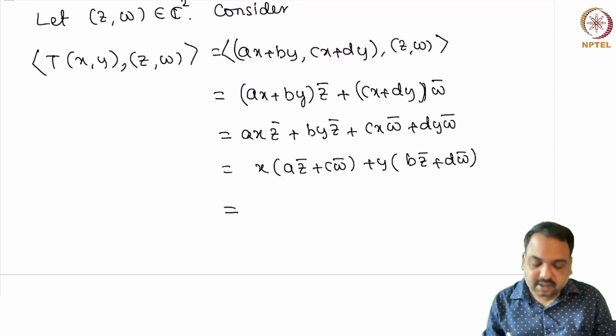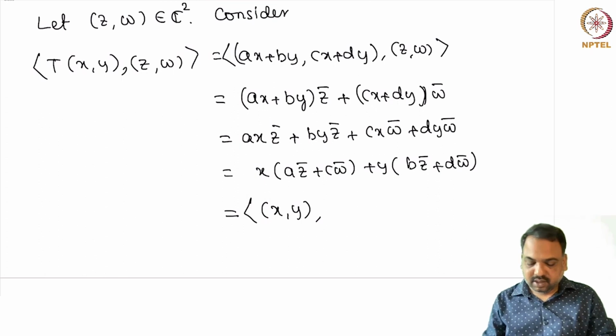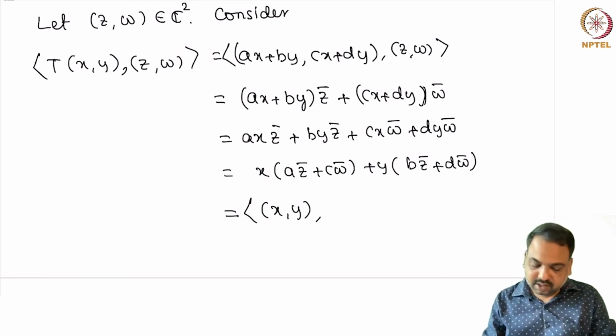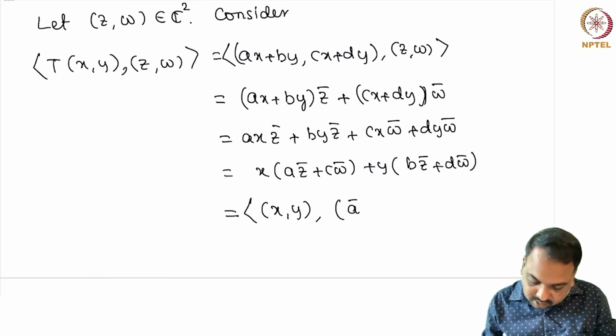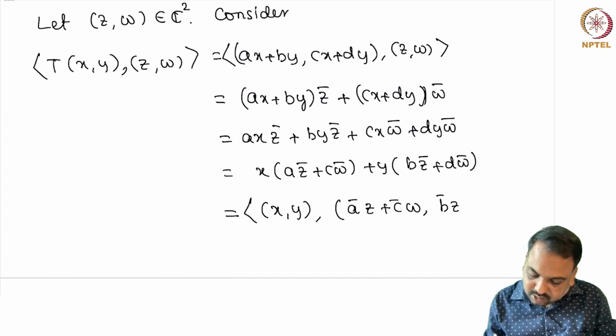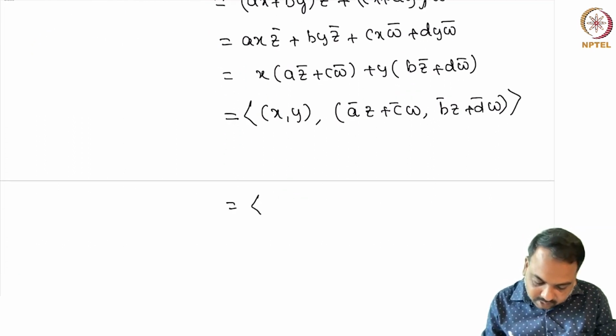So we can write this as the inner product of the tuple (x, y) with the bar of the remaining two components, that is a z bar plus c w bar and b z bar plus d w bar. So that we have to take as bar. So you will get (a bar z plus c bar w, b bar z plus d bar w).